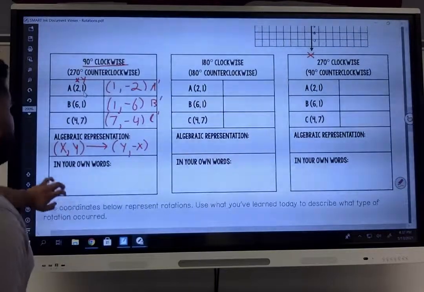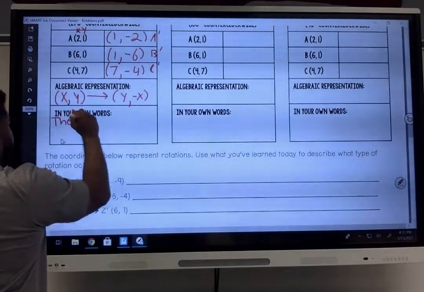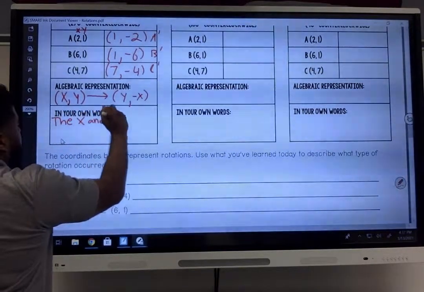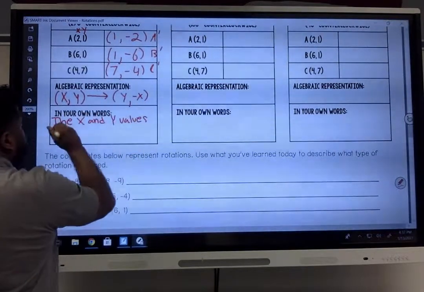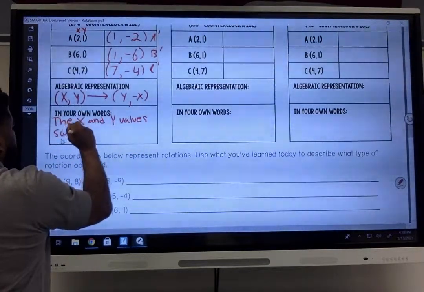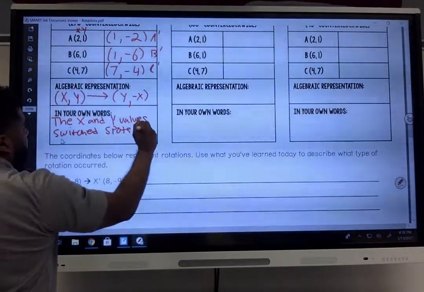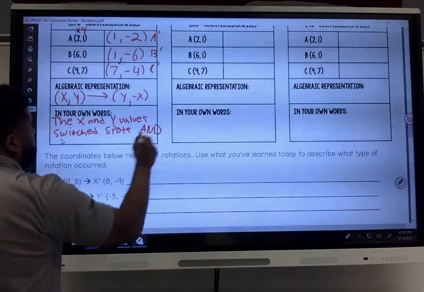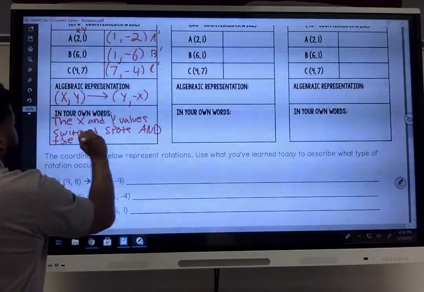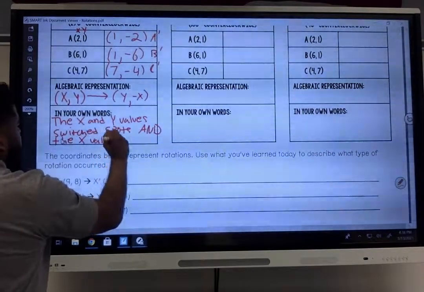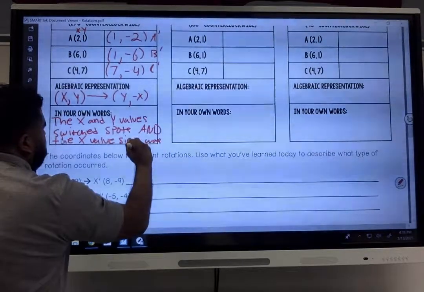Okay? In our words, how can we explain this? Well, the x and y values switched spots, okay, and the x value sign was flipped.